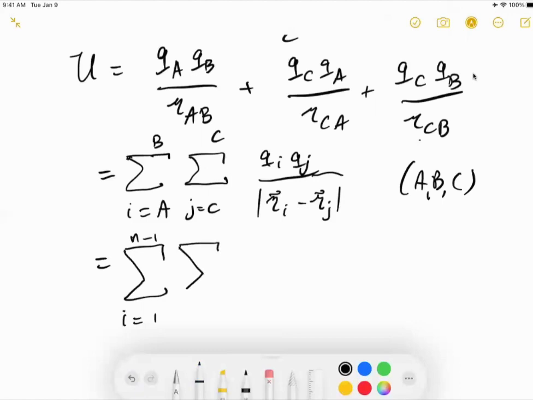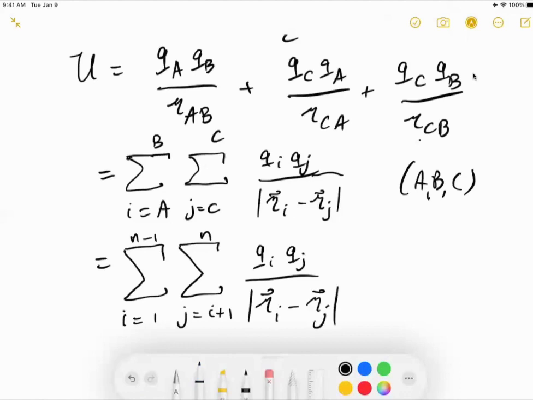And here the sum is from I plus 1 to n. This is QI, QJ over RI minus RJ. I'm being super verbose here. I hope that you appreciate that, because sometimes it's easy to lose track of where we are.